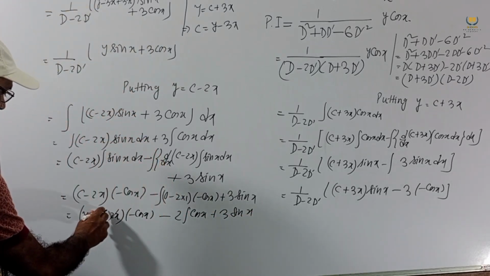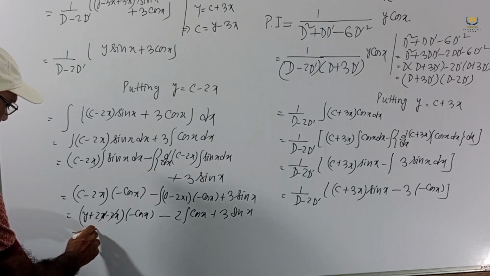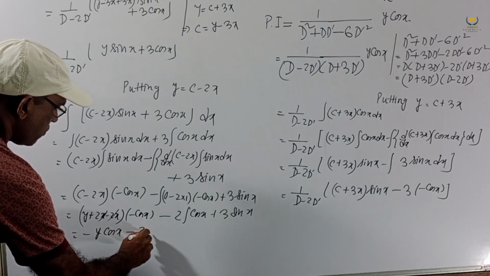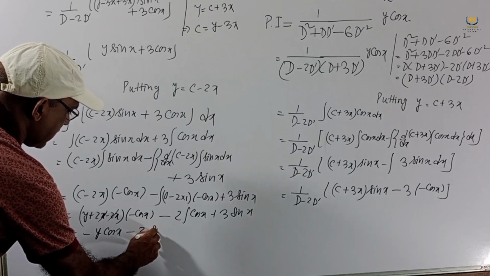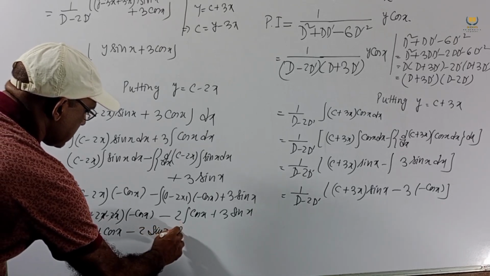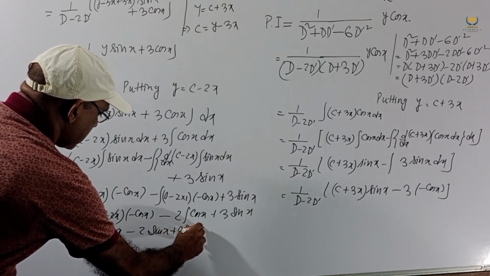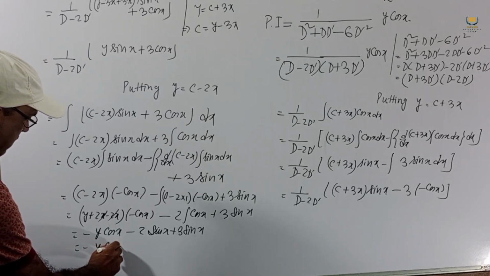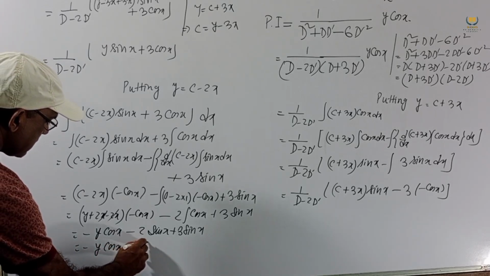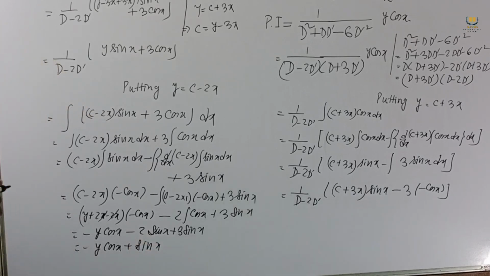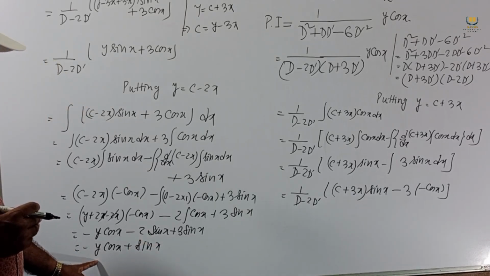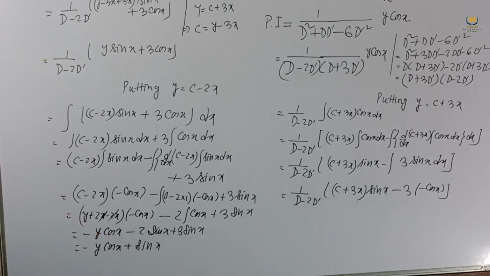So 2x cancels, and this is minus y cos x, 2 integration of cos x is sin x, plus 3 sin x. So minus y cos x plus sin x. This is the particular integral: minus y cos x + sin x.